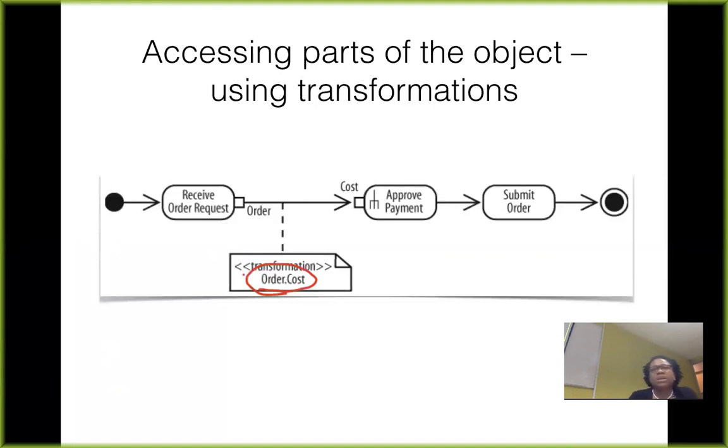It's the part of it that you want. And remember, this is not necessarily an object in the truest sense of the word. So it's not necessarily an object like a C++ object or a Java object. It could mean an order sheet. It could mean a paper that you call an order. Because remember, activity diagrams are really showing high level, business level kind of processes.